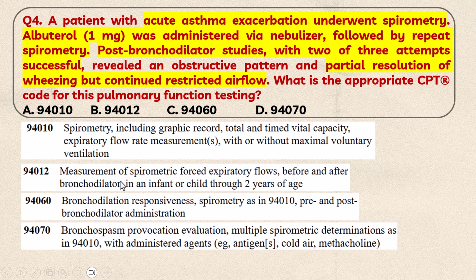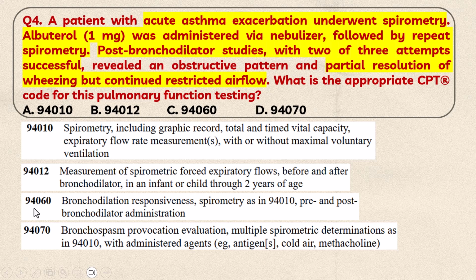So when you go to the second code 94012, measurement of spirometric forced expiratory flows before and after bronchodilator in an infant or child through 2 years of age. So here this says in an infant or child through 2 years of age, but in this case the age is not mentioned, so we can't take it as an infant.